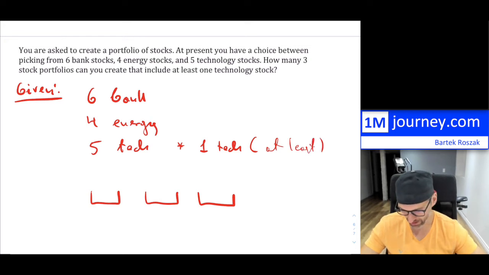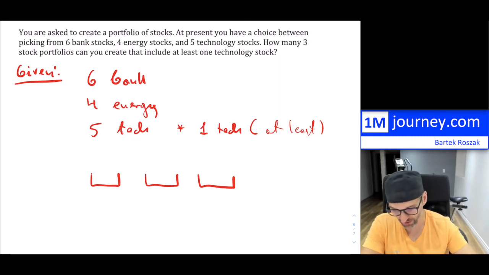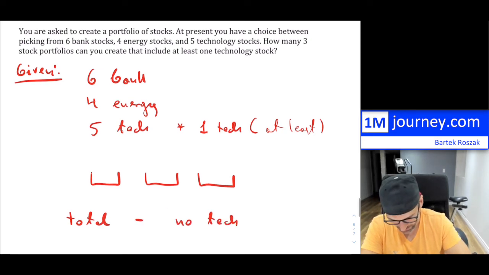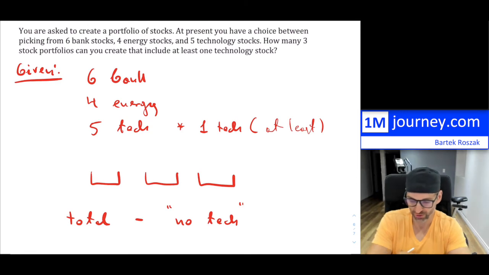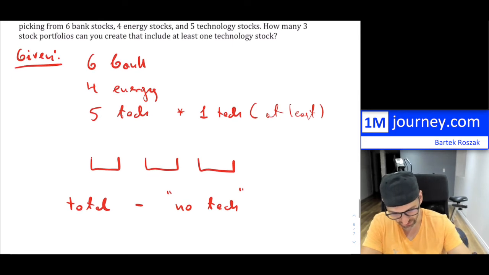All right, so let's take a look and see how we can figure this out. Well, at least 1. So you can certainly find out the total, that would be the total minus no technology stocks. You can certainly do that, right? That's one way of approaching this question, because it says at least 1.